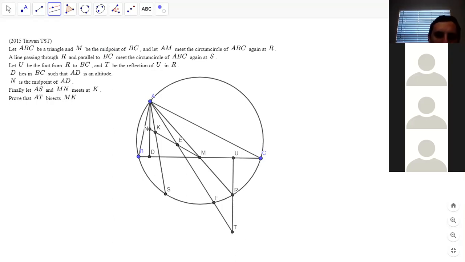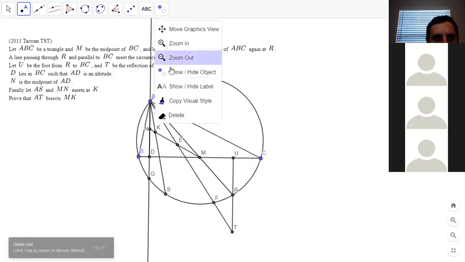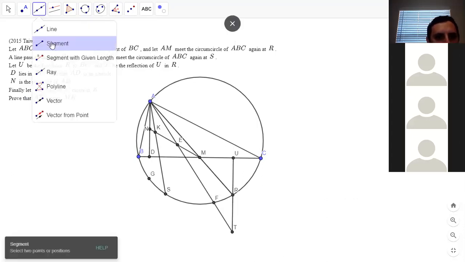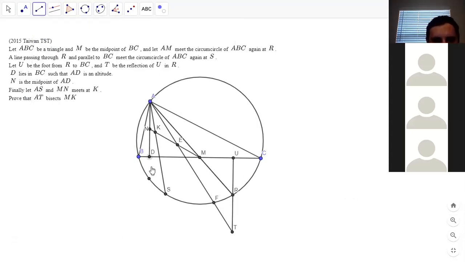That looks a little better because if we project M, K, E, and N onto the circle, then we get G, S, F, and R. Are G, S, and T collinear?